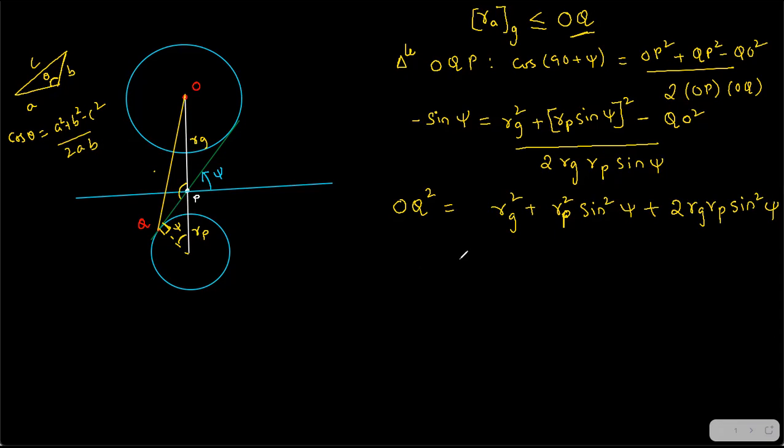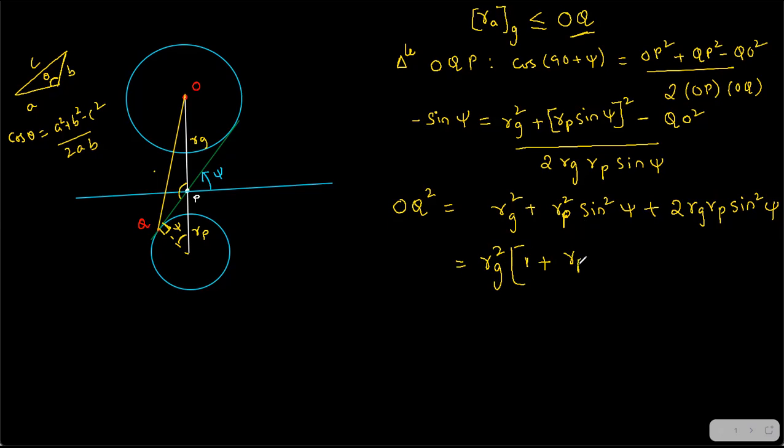Now, what can I write this entire term as? Take RG square common from the entire thing. So I'll have 1 here, and here I have to multiply and divide by RG square so that I can take RG square common.